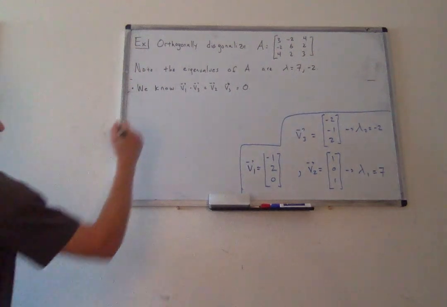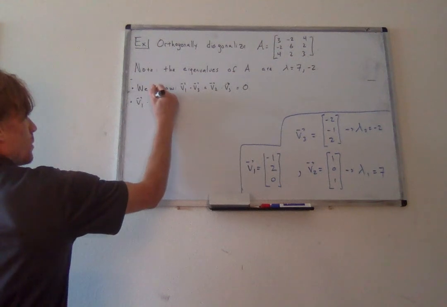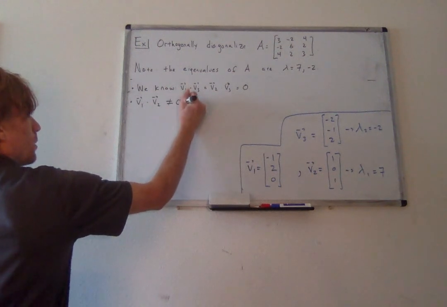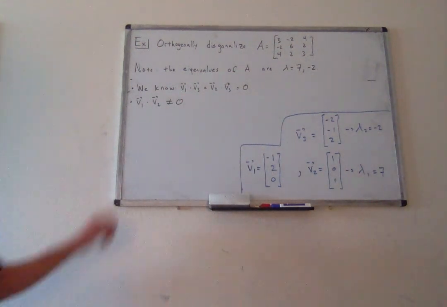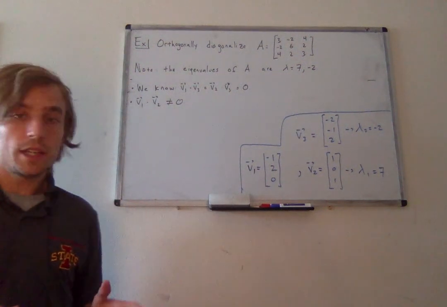But notice v1 dot v2 is not equal to 0. So the two eigenvectors we calculated corresponding to lambda 1 equals 7 are not orthogonal.